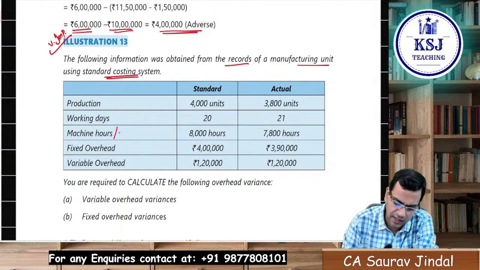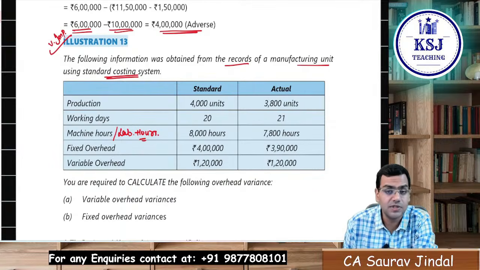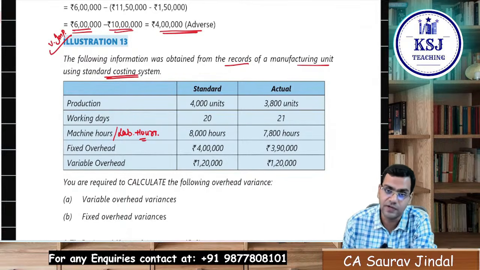Machine hours or labor hours, it is one and the same thing. The treatment will be equivalent. Fixed overheads are given, standard cost and the actual cost. Variable overheads are given. You are required to calculate the overhead variance, variable overhead variances and fixed overhead variances.